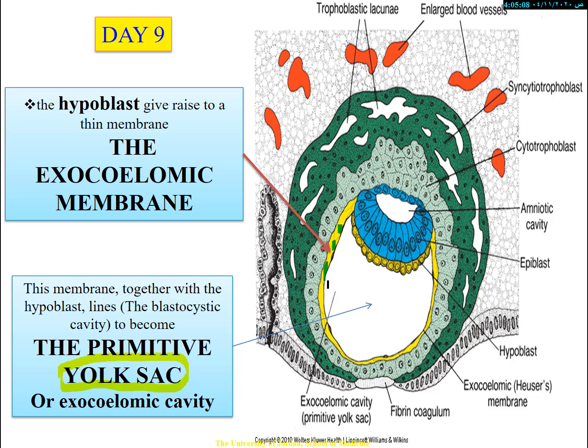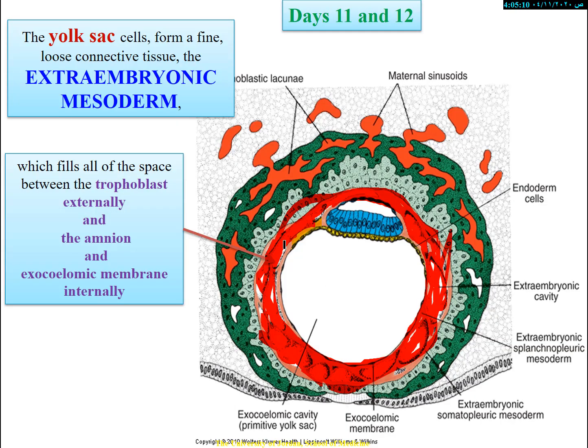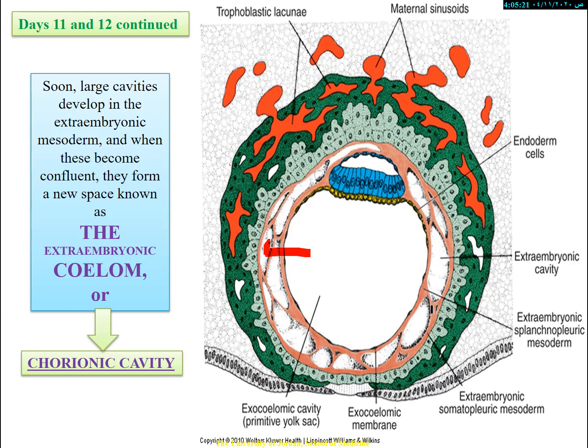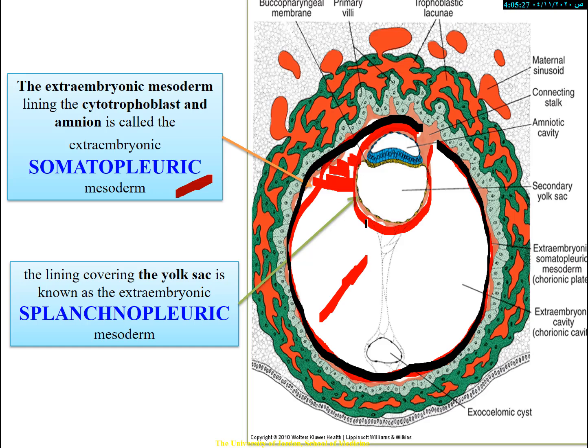This extraembryonic mesoderm would be solid here, and it would make vacuoles here, cavities, and as these cavities get bigger and bigger, larger and larger, the extraembryonic mesoderm would split into two parts.